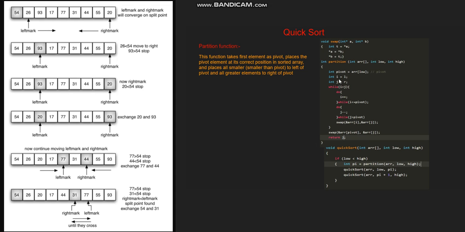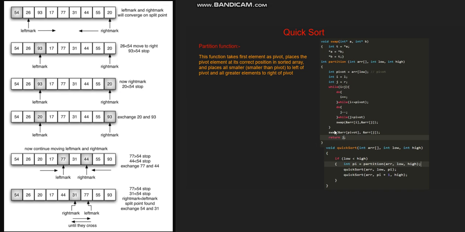Each time, if the value at the left mark is less than our pivot, then we increase i, and we run that till we reach an element greater than our pivot element, since we want the greater element to be on the right side. So we stop when we reach an element greater than the pivot element.